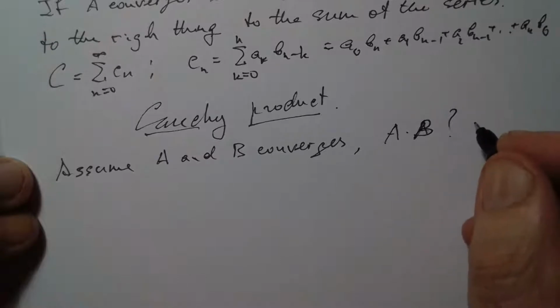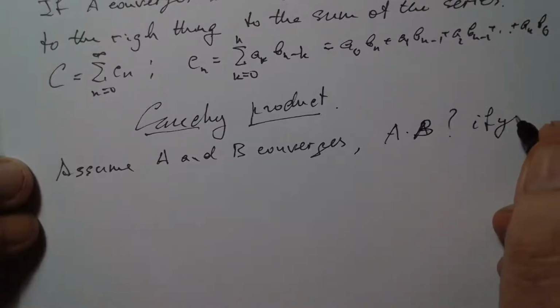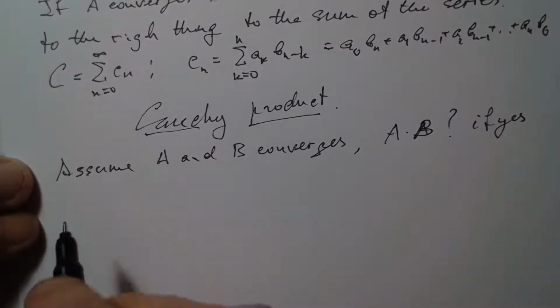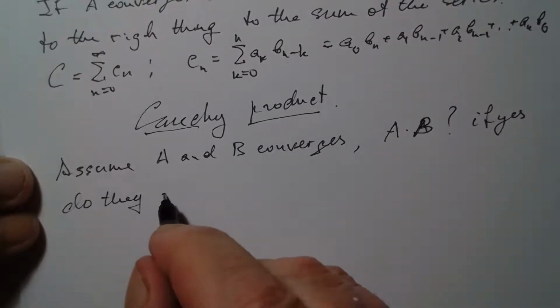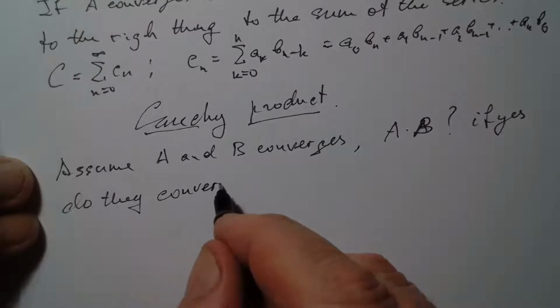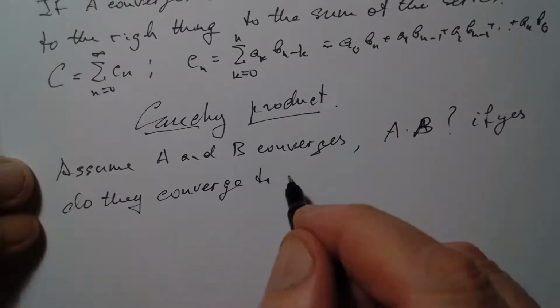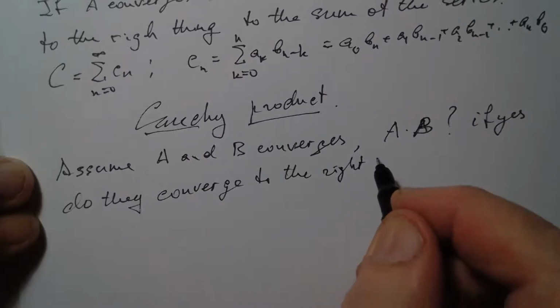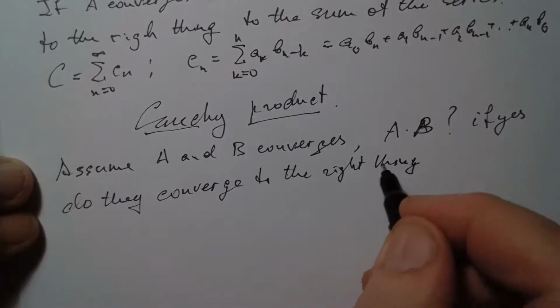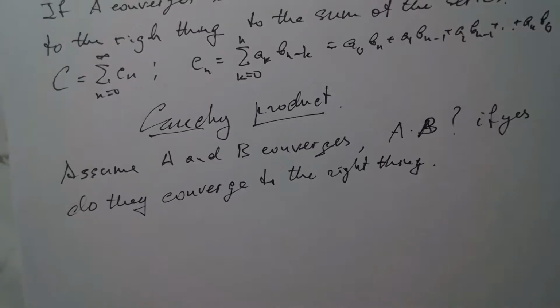And if yes, then do they converge to the right thing? What does the right thing mean? The right thing means that it converges to the product of A times B.